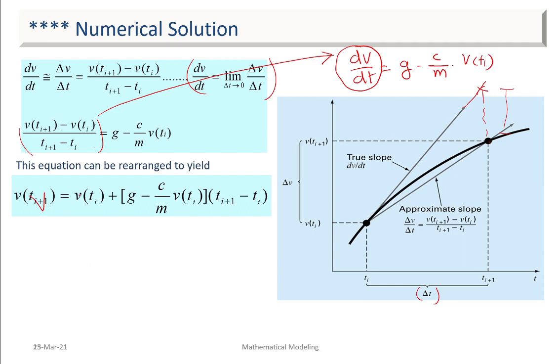Here the value of this we know, the initial condition. The final time you know, the initial time you know. The unknown is this. There is only one unknown left. Now I can separate this unknown on one side and I can solve. So I will get this equation. This is what is called the difference equation for this particular problem.